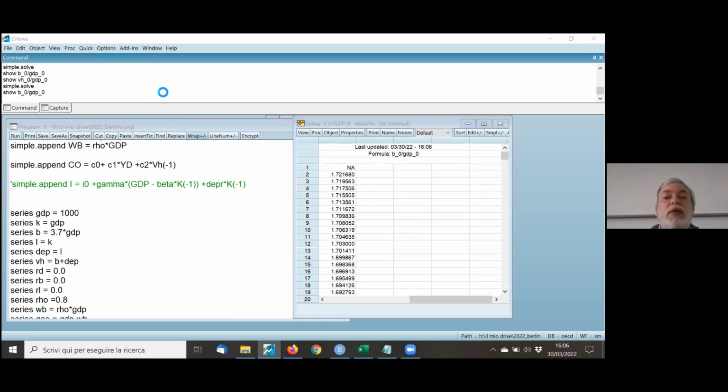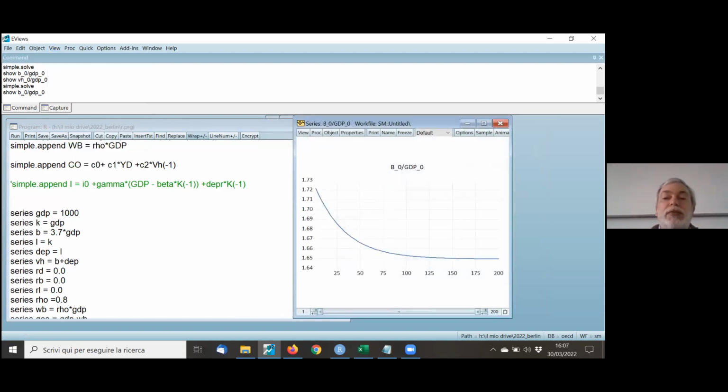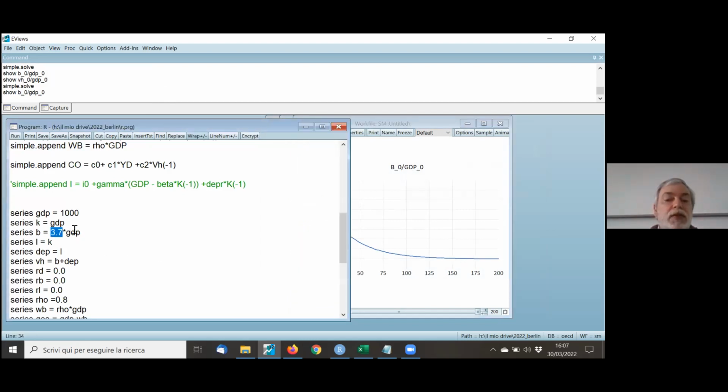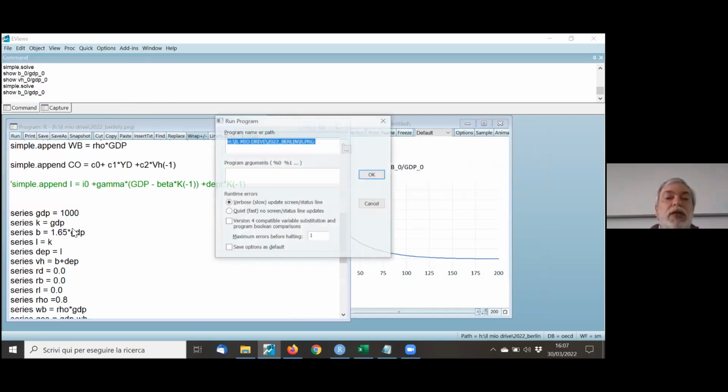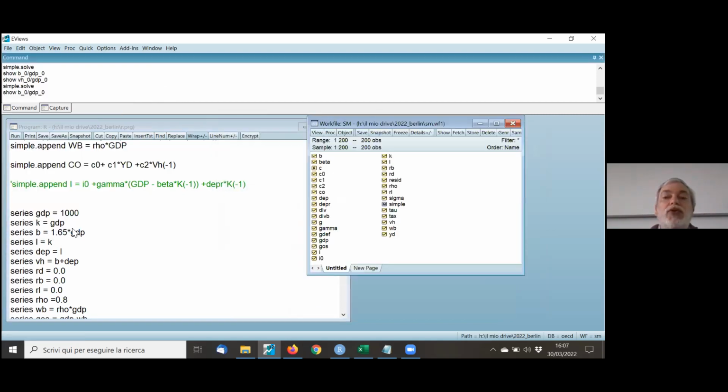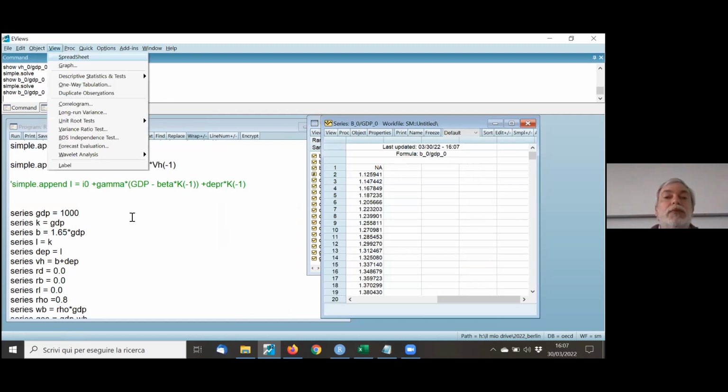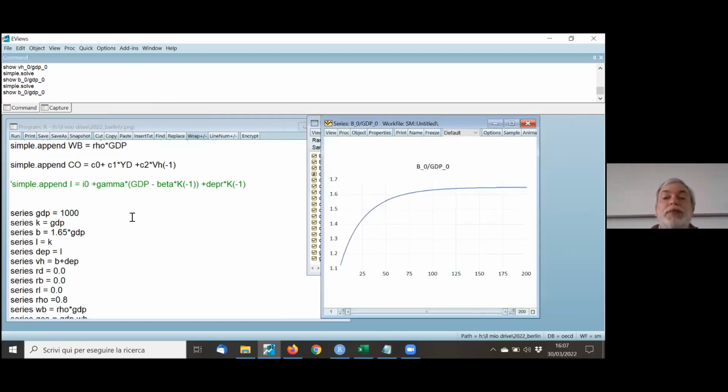So this is very much a trial and error procedure. So now this is converging towards 1.65, because the long run solution will depend now crucially only on the parameters in the consumption equation. Now it's converging rather quickly to a stable steady state at 1.65.